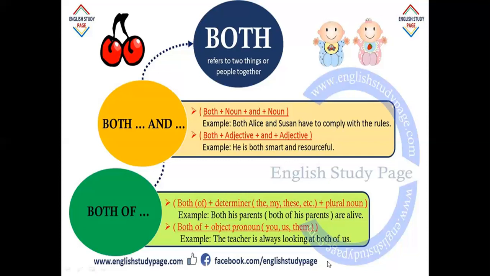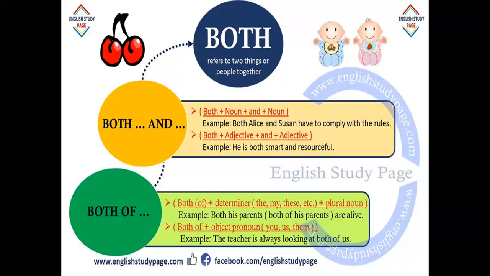Also, after both of, we can use the object pronouns, like the last example that we have here: the teacher is always looking at both of us. Or, for example, the supervisor is looking at both of you, all right? So in this case, we can use the object pronouns too. That's the use of both.